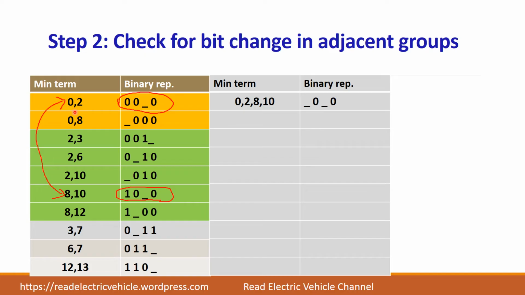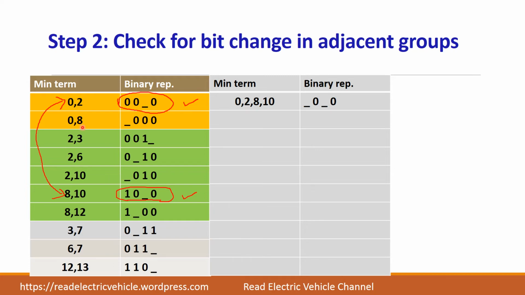Next, this one is not possible, so we will compare 0, again same procedure, put a tick mark. Then 0 8 can be compared with, you see here, first dash is there, you check for first dash, here it is there.